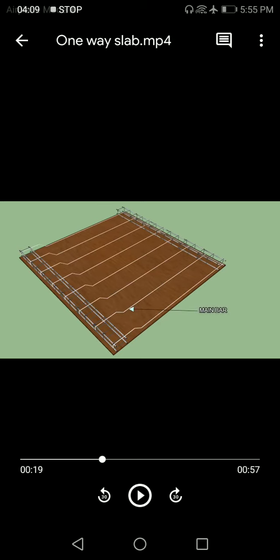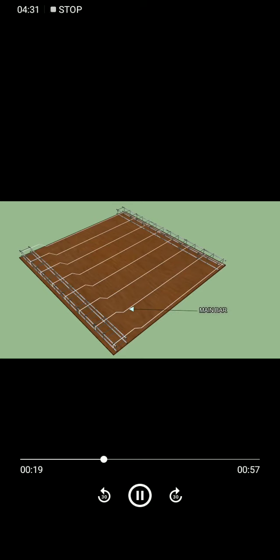This is the main reinforcement. The bent portion is called the crank, which is bent at one end only. It will bend alternatively, so alternate reinforcement bars will be cranked likewise.